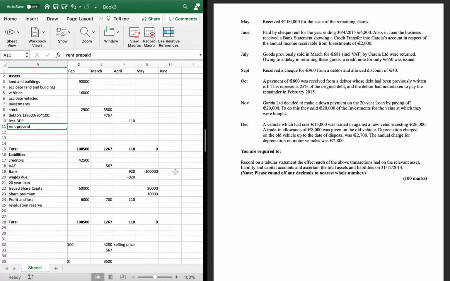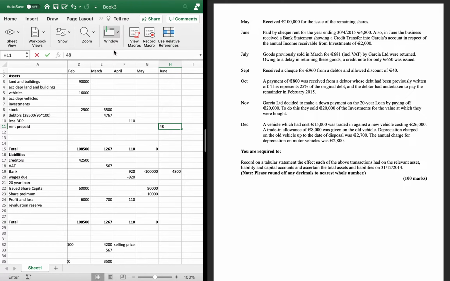So therefore, our bank overdraft has gone up by 4,800. And our rent prepaid will also have gone up by 4,800.